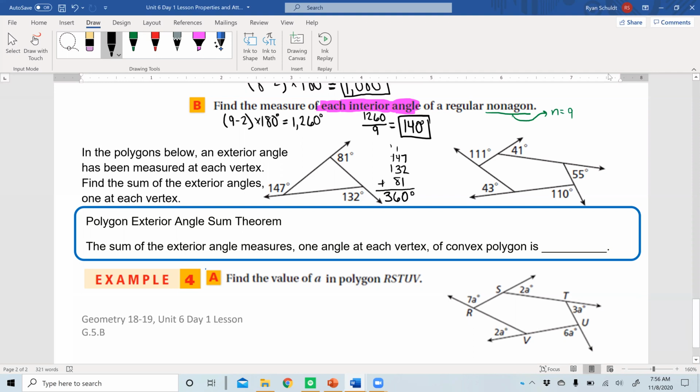So I have 111, 41, 43, 55, and 110. Let's see what I get here.